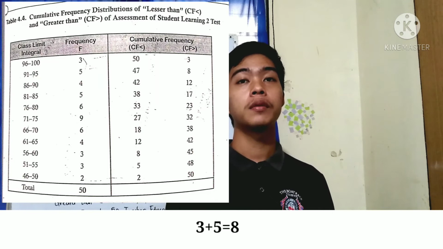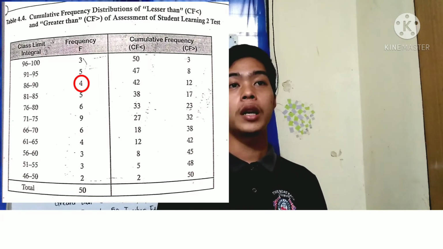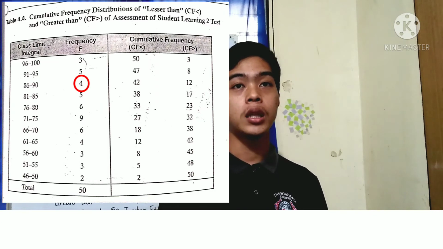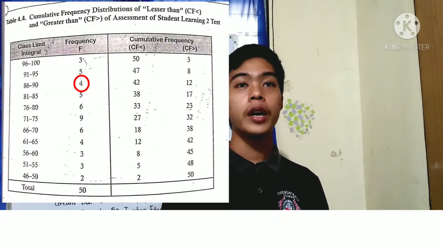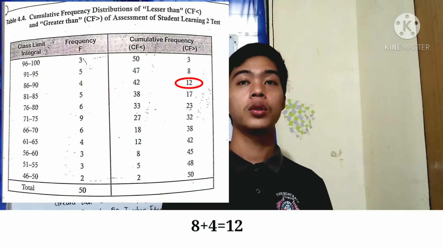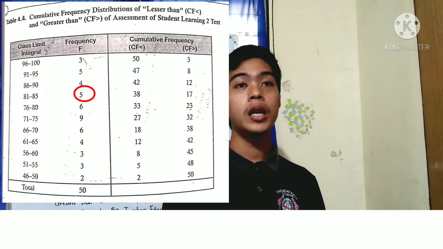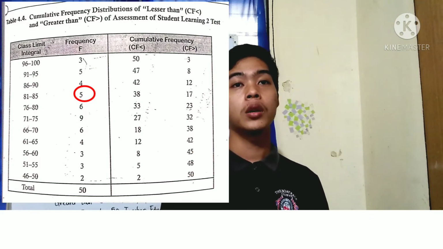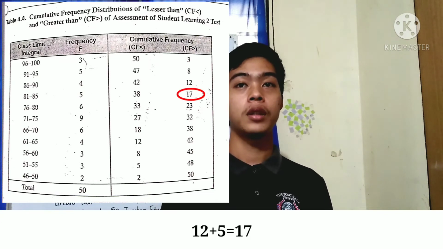So 3 plus 5 equals 8. For the frequency of 4 from the class limit 86 to 90, you will just add 4. So 8 plus 4 equals 12. For the frequency of 5 in the class limit 81 to 85, you will just add 5. So 12 plus 5 equals 17.